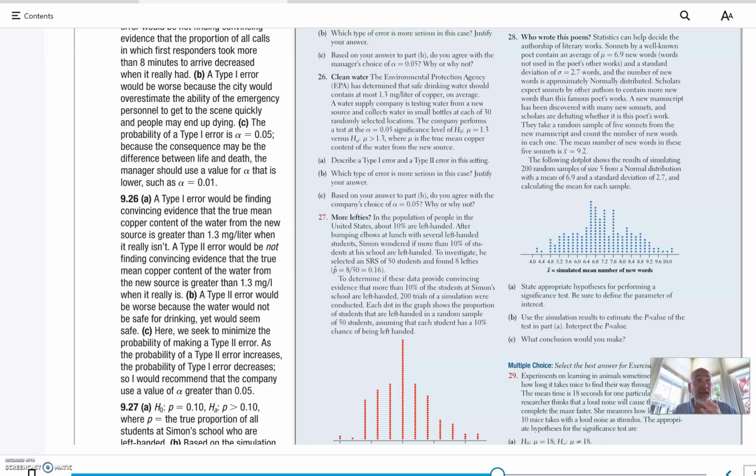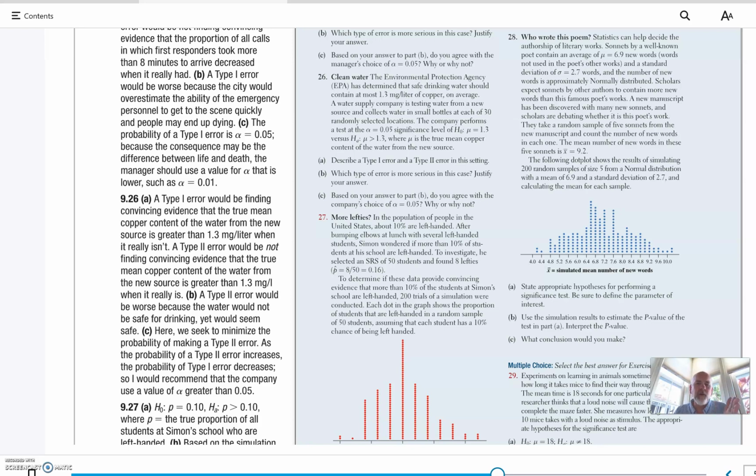You can adjust the alpha if one error is worse. For type 1, we want to make it really, really easy to reject the null here, because if there's any sign that people could be getting poisoned, then we want to do something about it.